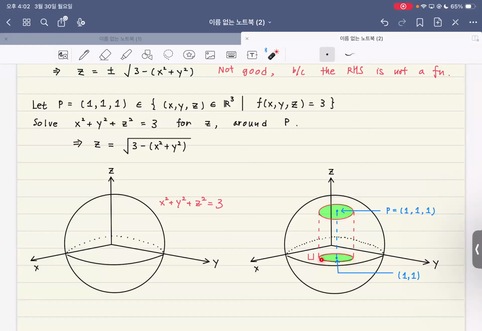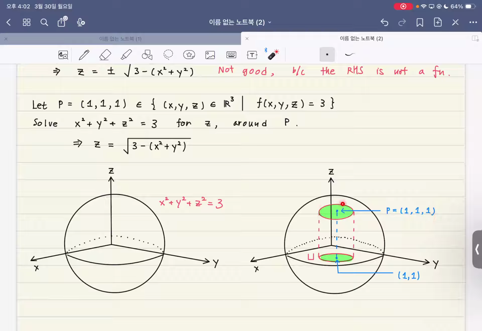So I am able to find a two-variable real valued function whose domain is around this region on the x-y plane about the point (1, 1), and whose codomain must be some numbers about the z component of this point, right?